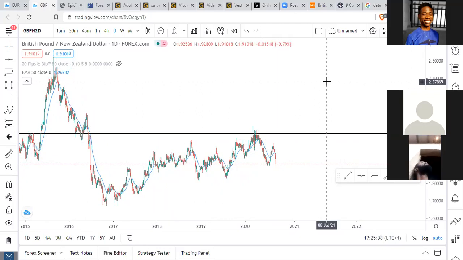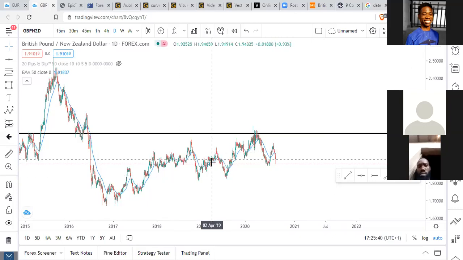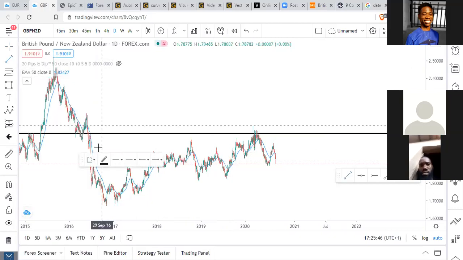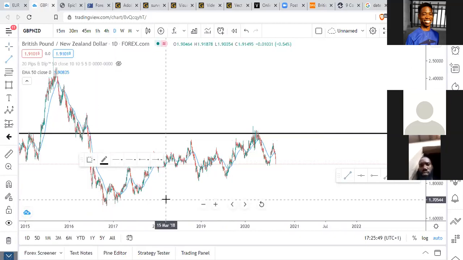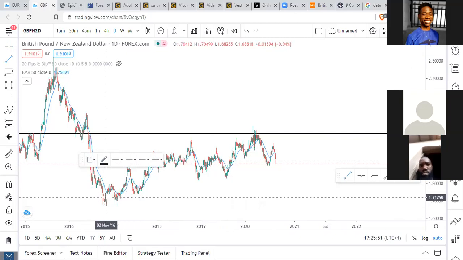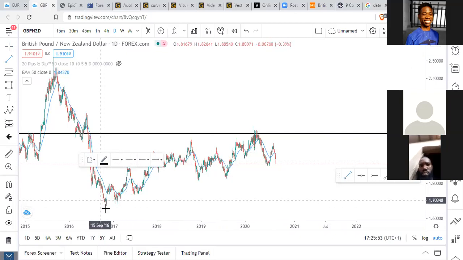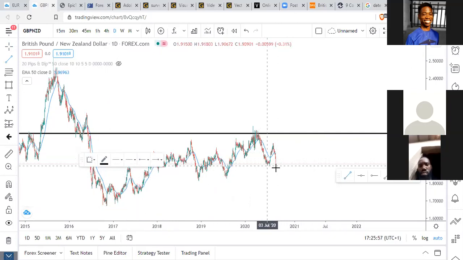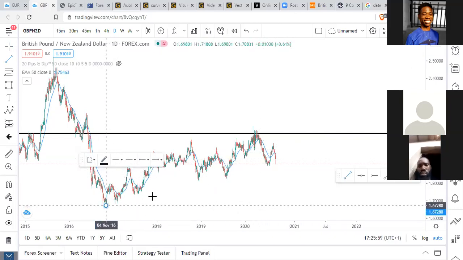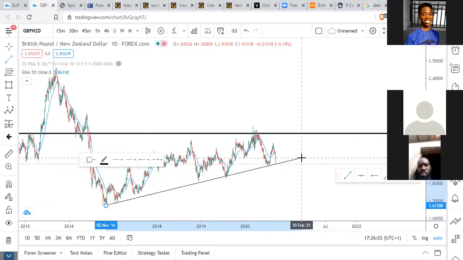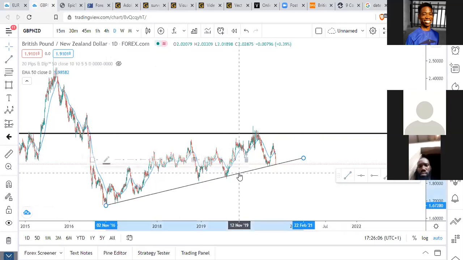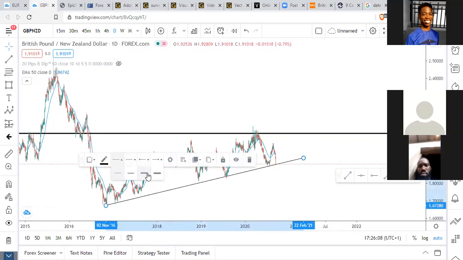Then for the diagonal, which is trend lines, you look at areas where price has reacted at least two times. See reaction one, two, three. You just pick one. Let me adjust the thickness.